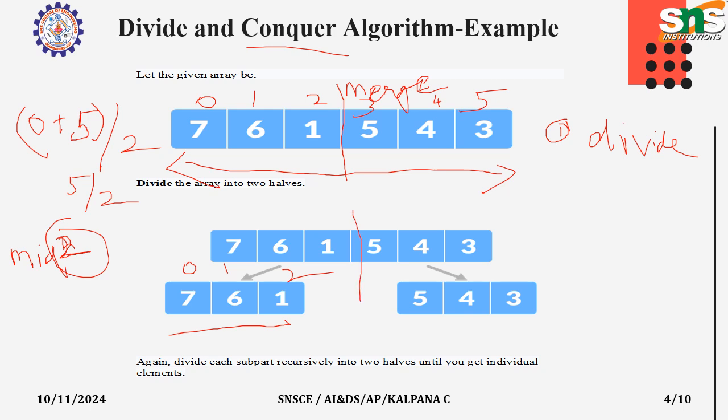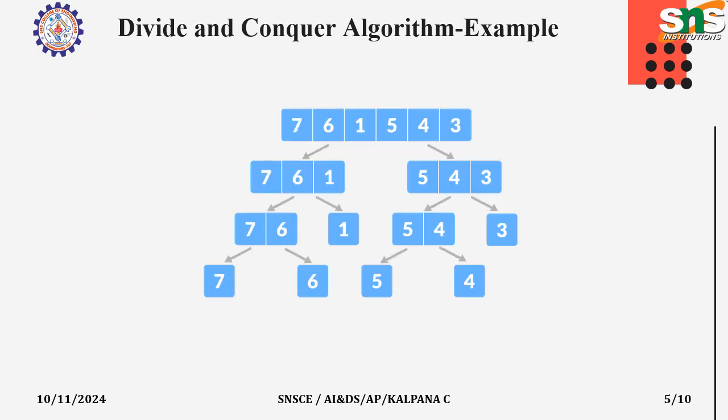After that, from mid plus 1 to high is my second array, the right array. So the next part is 5, 4, 3. Here we have 7, 6, 1 and 5, 4, 3.